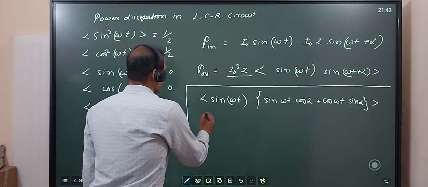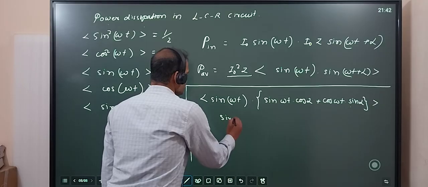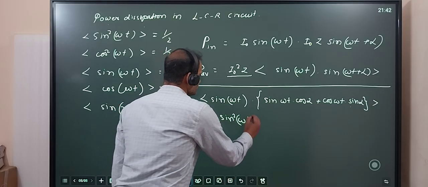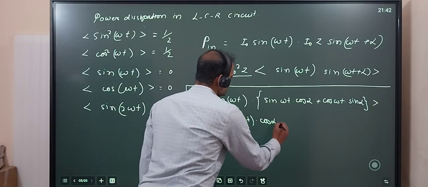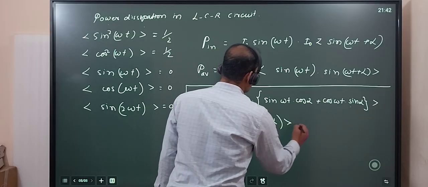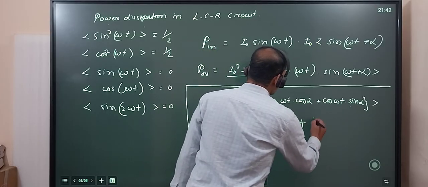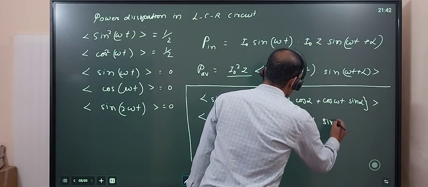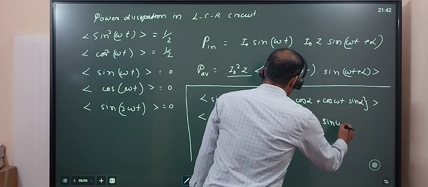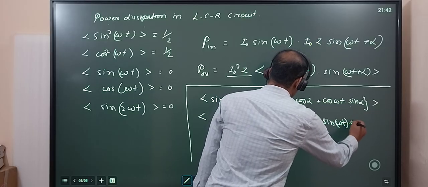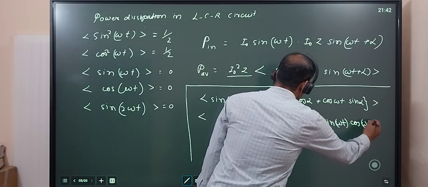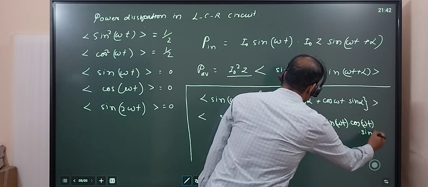So this will become the average of sine square omega t into cos alpha plus the average of sine omega t cos omega t into sine alpha.